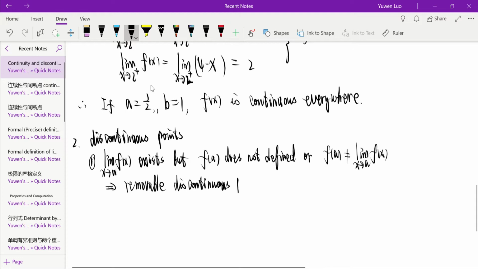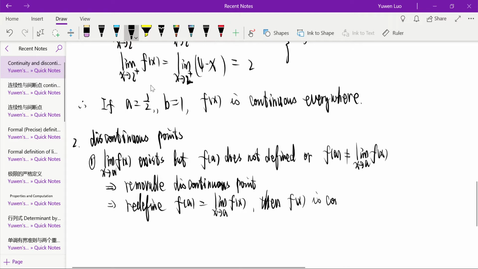Removable discontinuous point. Why do we call it removable? Because if we redefine f(a) equals the limit, then f(x) is continuous at x equals a. So we call it removable.